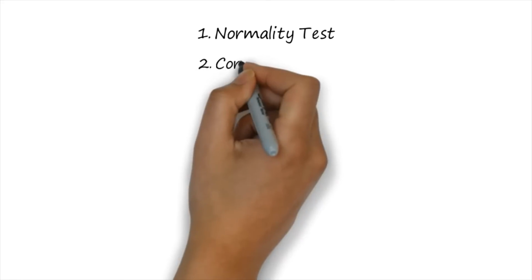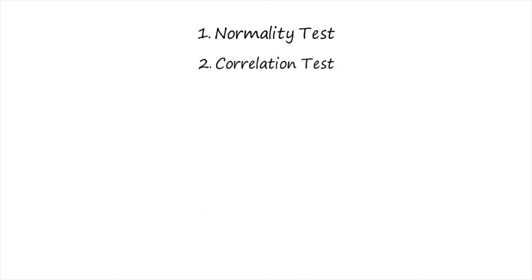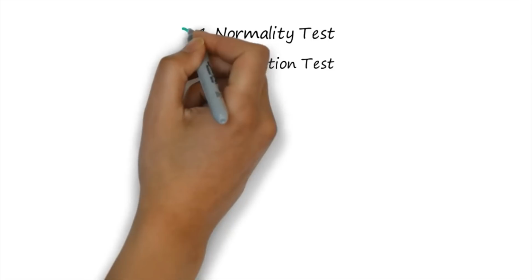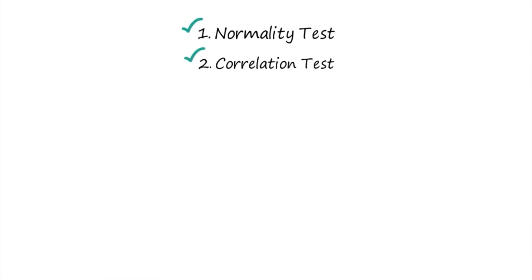The second purpose is that for some kind of correlation test, we can do some kind of hypothesis testing. And there are other reasons also. So first, let's focus on these two. What do you mean by normality and what do you mean by correlation? The question was how to achieve the p-value.